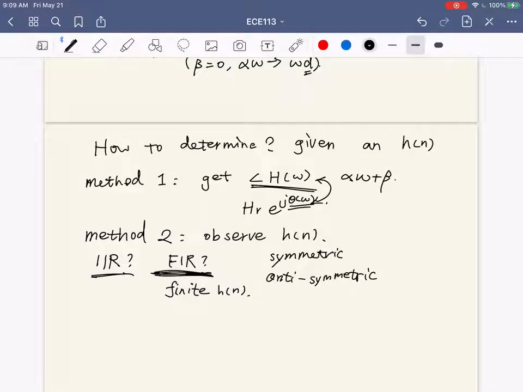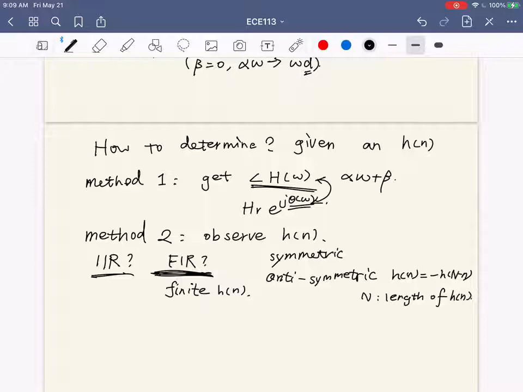The thing to be careful about is that anti-symmetric doesn't mean that it is not symmetric, so it is anti-symmetric. No, it also has a strict relationship, which is basically h of n equals minus h of N minus n, where N is the length of the finite h of n.